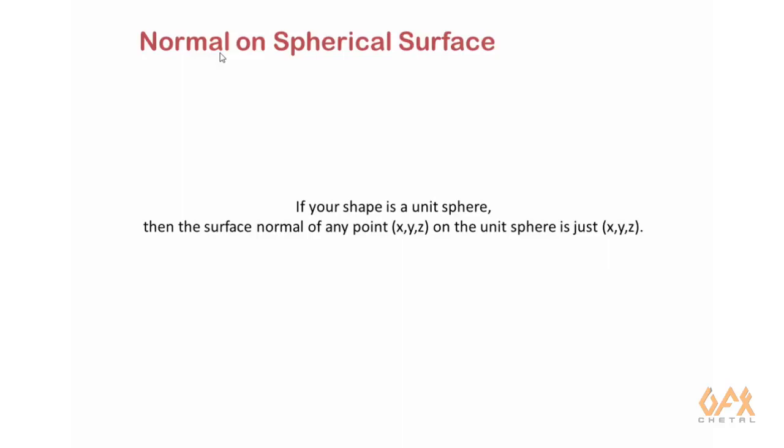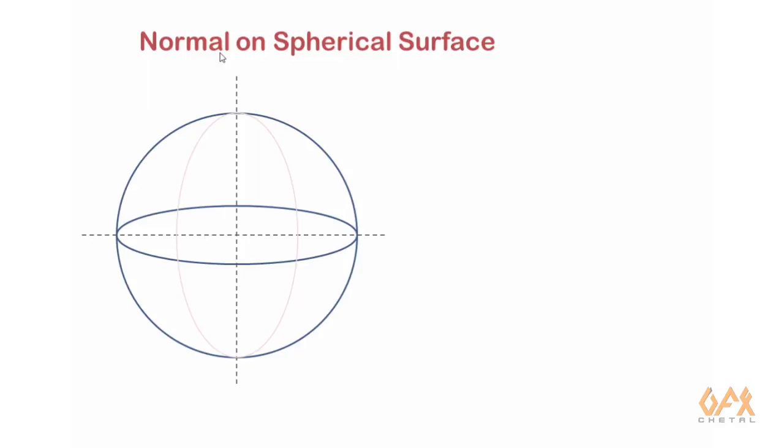Now the question is how we find a point on a spherical surface. Here we assume that this is my sphere, and I want to find a particular point on the sphere.